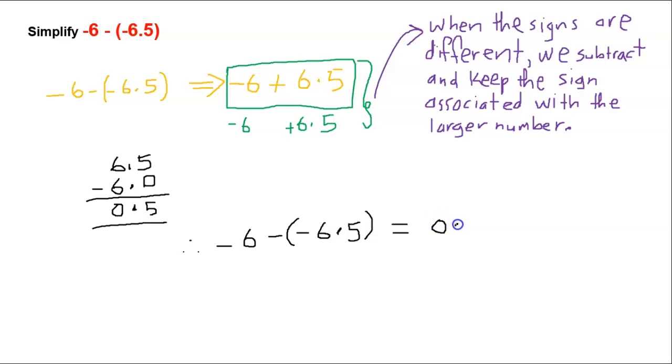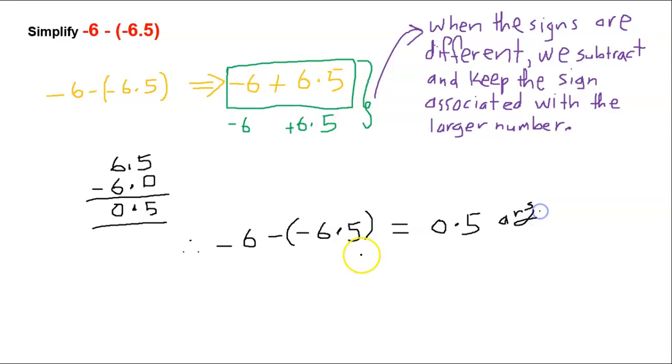Your answer has to be positive because the larger number is positive, because when you multiply negative by negative you get positive, which would be the sign before the 6.5, which is larger than 6. Okay, so that is our answer, 0.5.